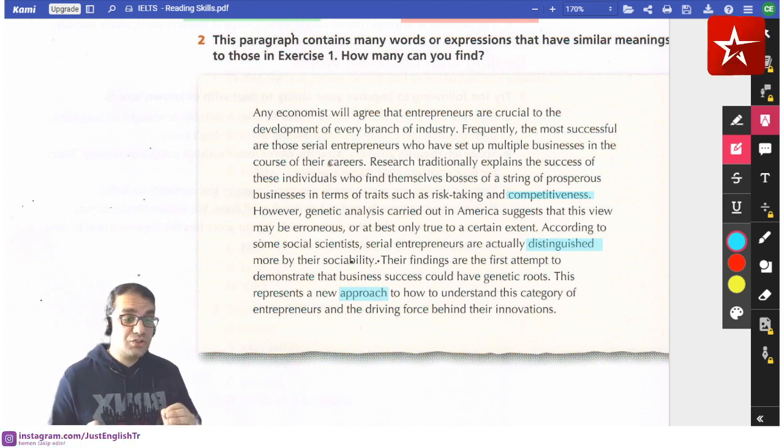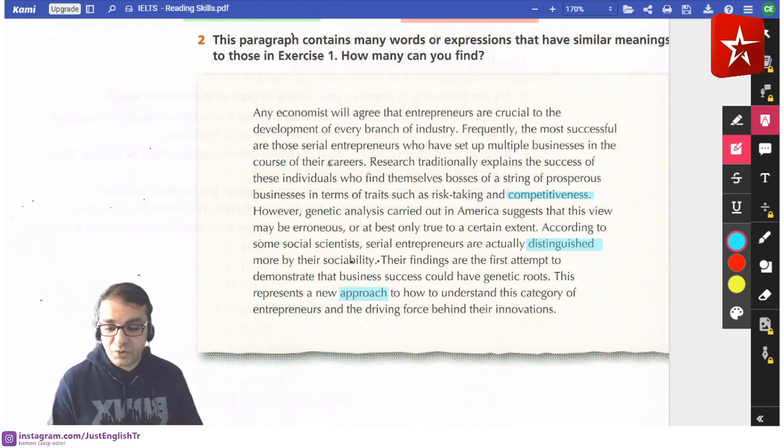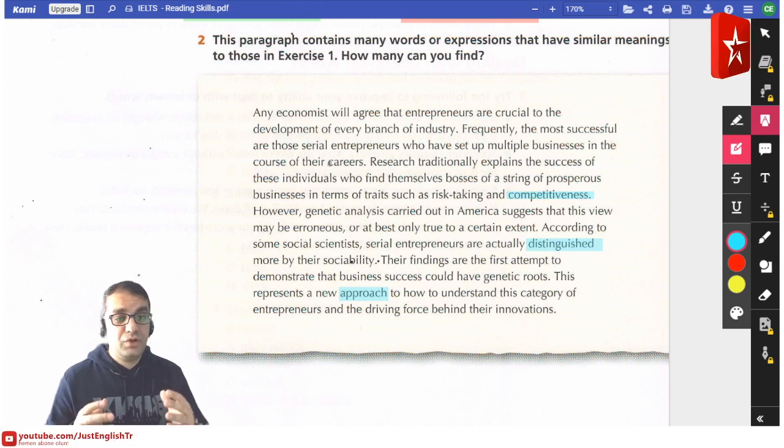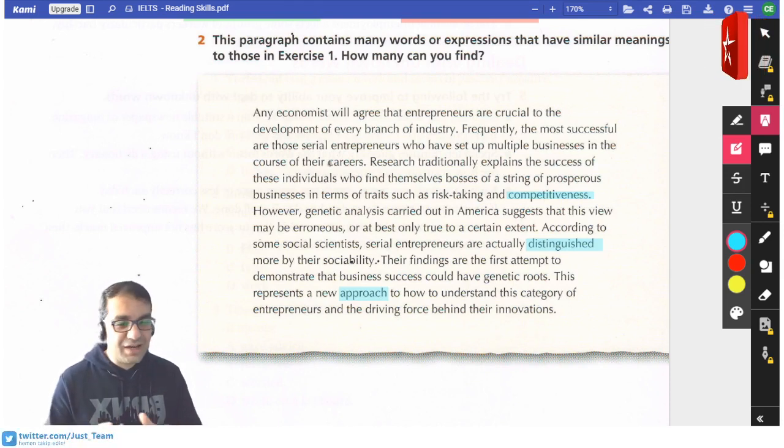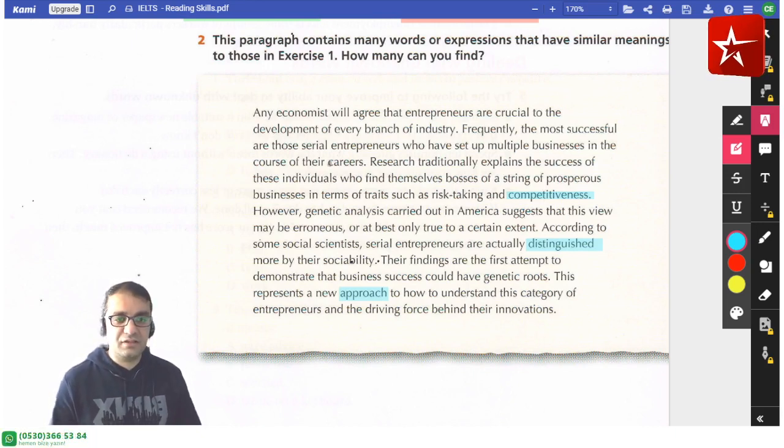Okay? So if you understand, this was for you as a training. And if you understand this technique, it will be easy for you to drive it through the exam. I hope you understand this skill and this technique. Do you understand it, folks? If you understand it, say yes. If not, I will repeat it and re-explain it again.